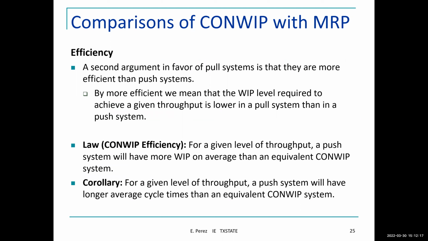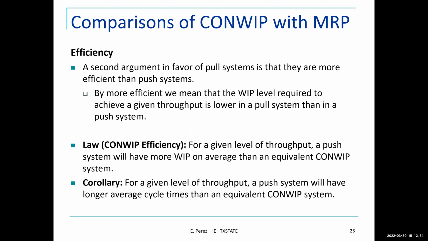Efficiency: a second argument in favor of pull systems is that they are more efficient than push systems. By more efficient, we mean that the WIP level required to achieve a given throughput is lower in a pull system than in a push system. So we have this law for CONWIP efficiency.